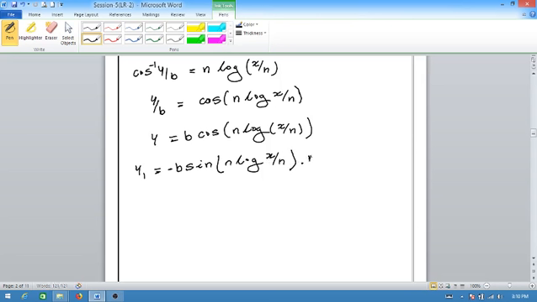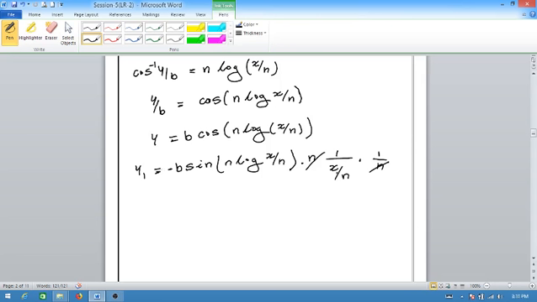Into n is constant, differentiation of log x is 1 by x, that is 1 divided by x divided by n, into differentiation of x by n is 1 divided by n, because 1 by n is constant, differentiation of x is 1. Now this n gets cancelled. So simplify this.